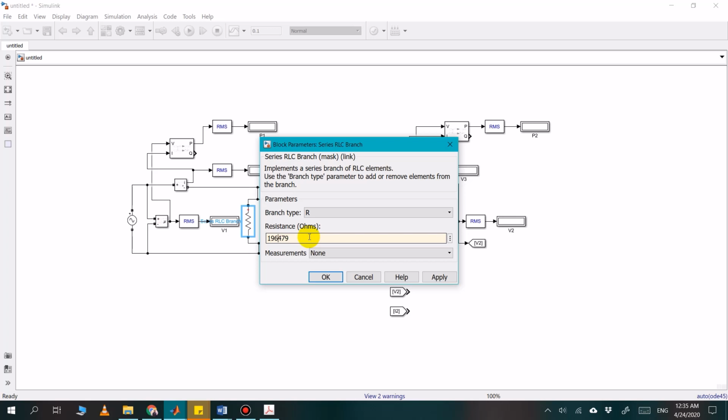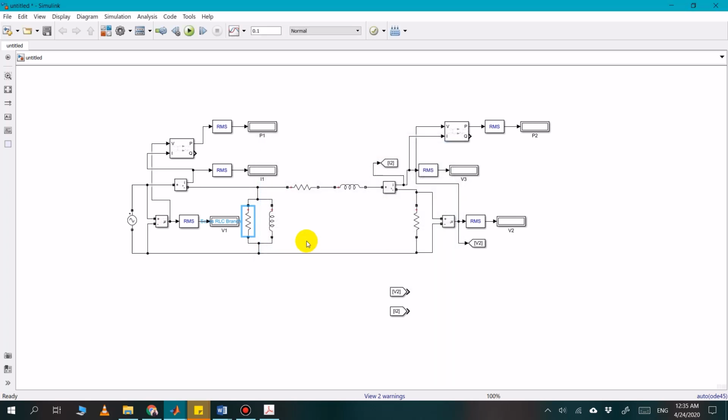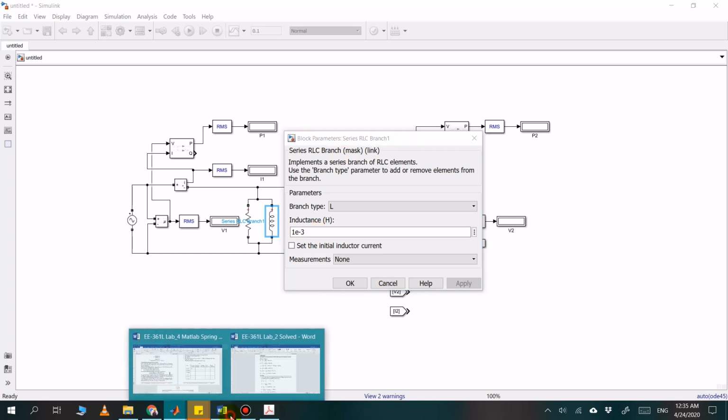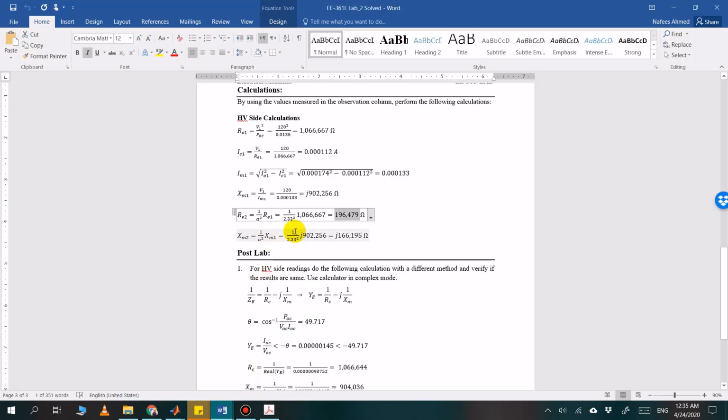Remove the comma. Okay, and for inductance, we have to enter the value of inductance, not reactance. So you have to convert the value of reactance into inductance.